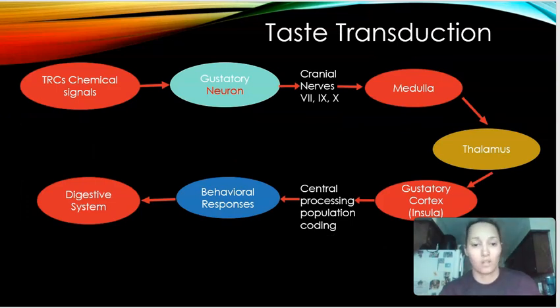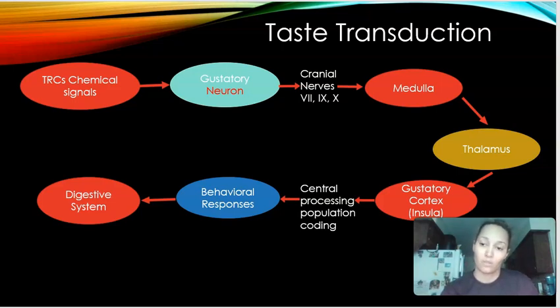Taste transduction starts through your oral cavity. You have your taste receptor cells that release chemical signals that will travel down to the gustatory neurons. These neurons follow the pathways of your cranial nerves 7, 9, and 10 and carry all of your stimuli information to your medulla.